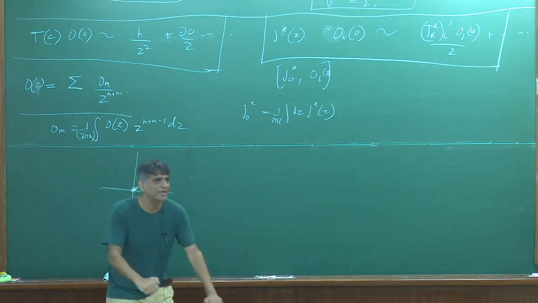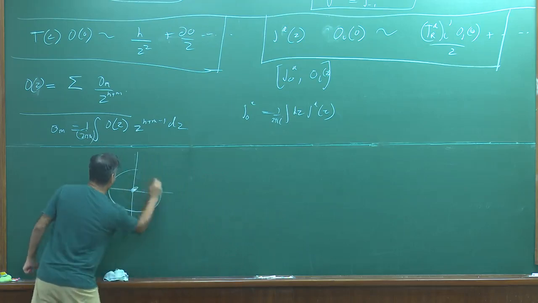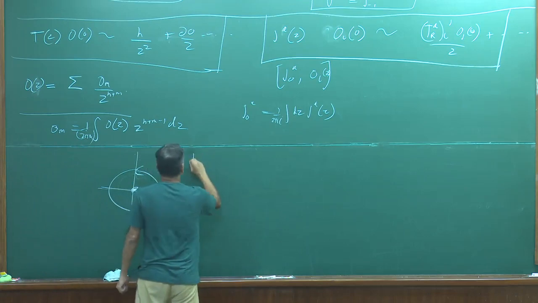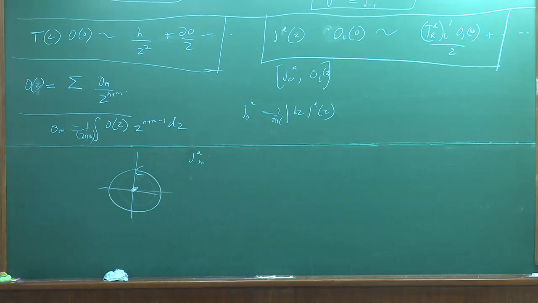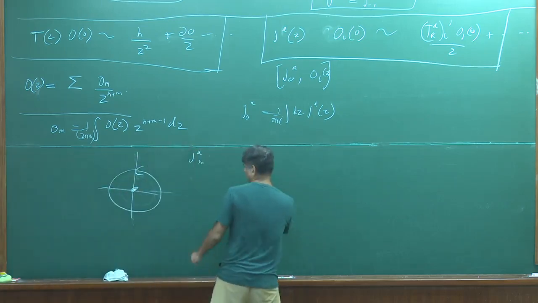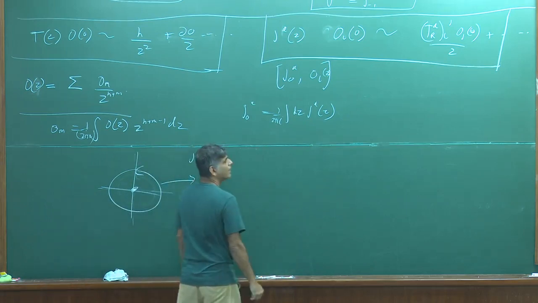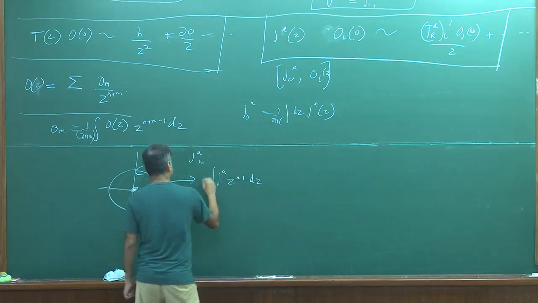I look at the state corresponding to the operator, and I act on it with J^A_m. Let me do this action. In order to do that, what I have to do is to choose this to be J^A, z to the power m dz divided by 2 pi i.